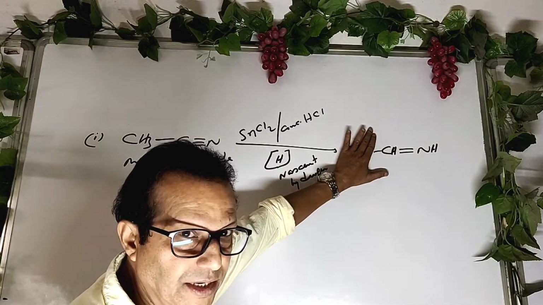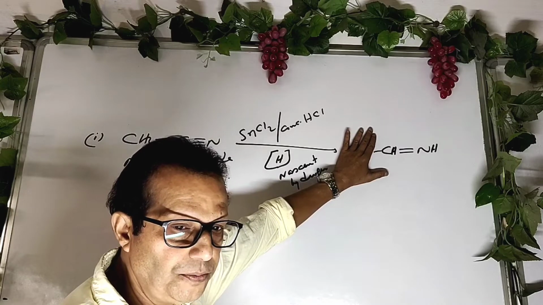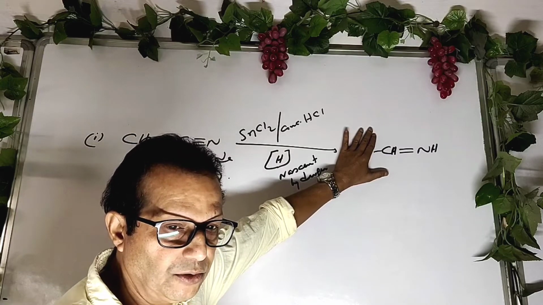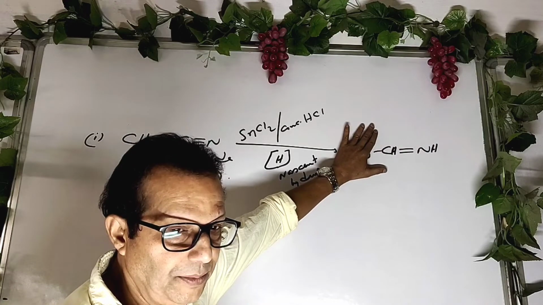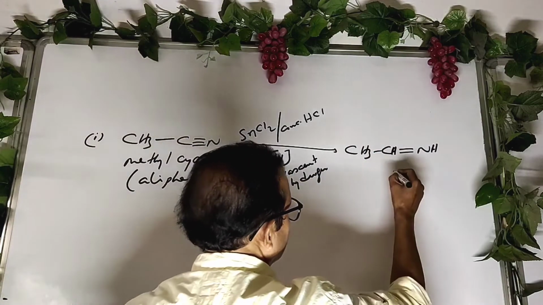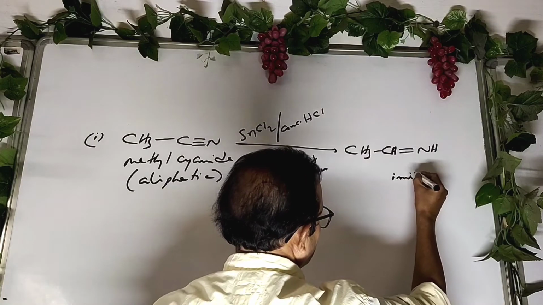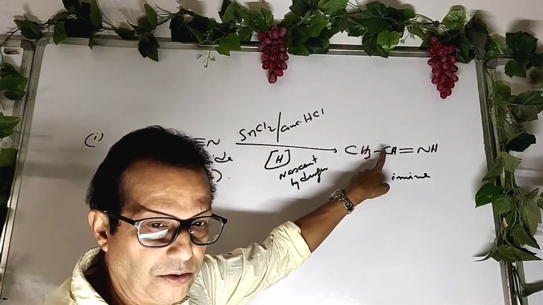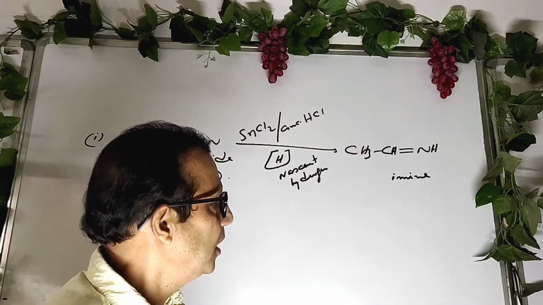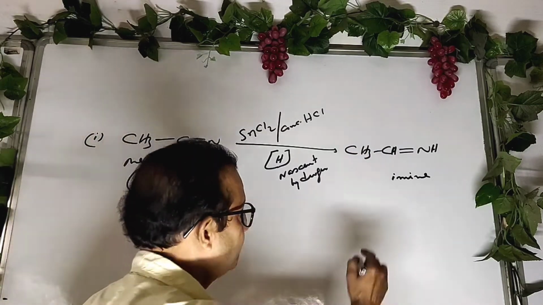This is called imine. Imine is a functional group similar to aldehyde, ketone, carboxylic acid, oxime, etc. This is also a functional group. This is imine. But this is a compound, so it should have some name. How to write the name? Follow the technique.